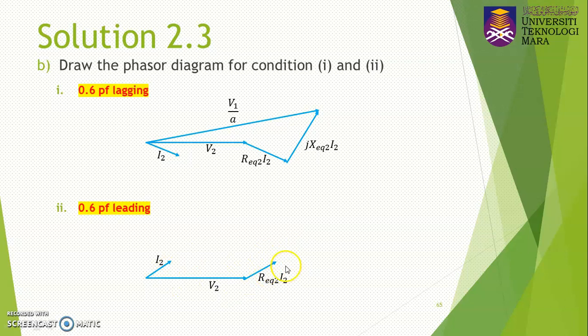Then you can draw the jX equivalent 2 multiplied with I2, where it is perpendicular with the R equivalent 2 multiplied with I2. Finally, you can draw your V1 prime, where your V1 prime is equal to V1 divided by A.